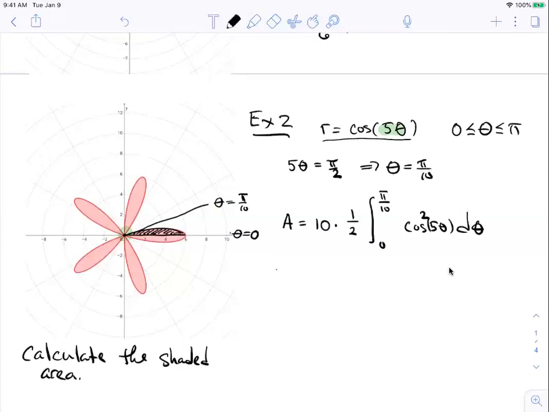If we clean this up a little bit, 10 times a half is 5, so we get 5 times the integral from 0 to pi over 10 of cosine squared 5 theta d theta.